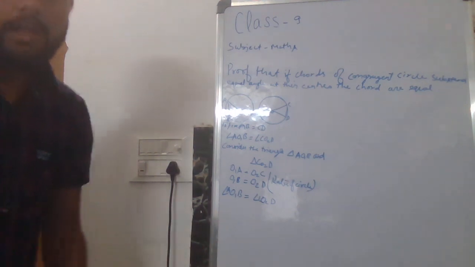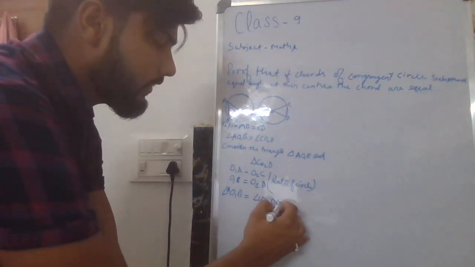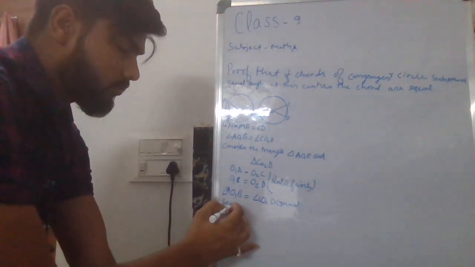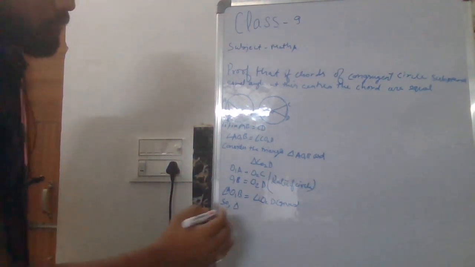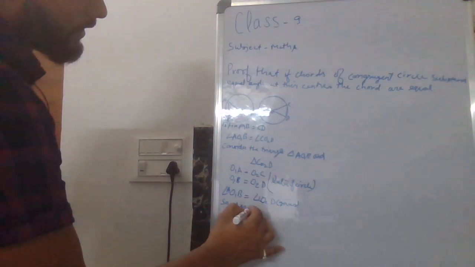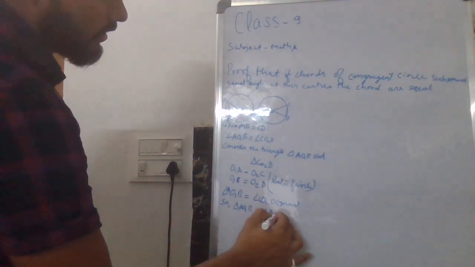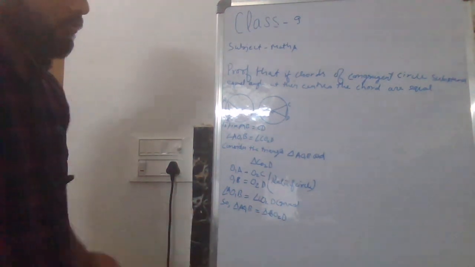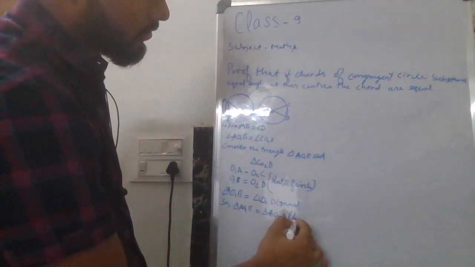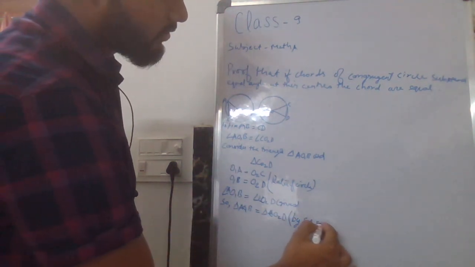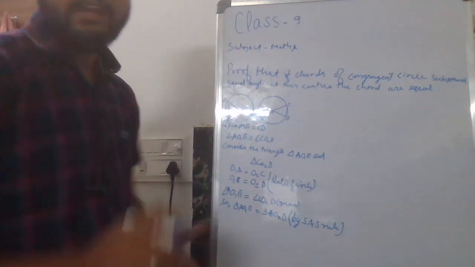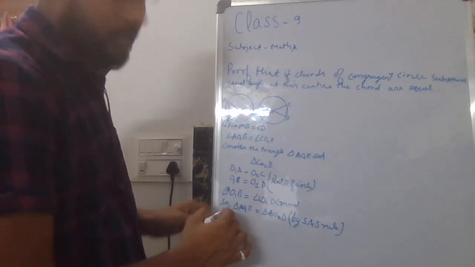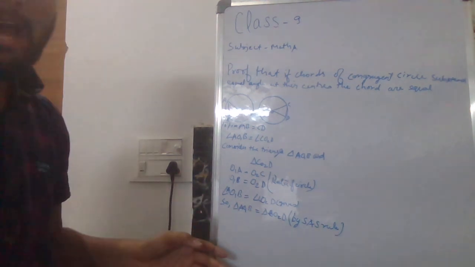Okay, and this is the given here, and after that triangle AO1B is equal to triangle CO2D. Okay, so we have to check this is by SAS rule. Okay, so I hope everyone is clear. So here we can see that these two triangles are congruent.